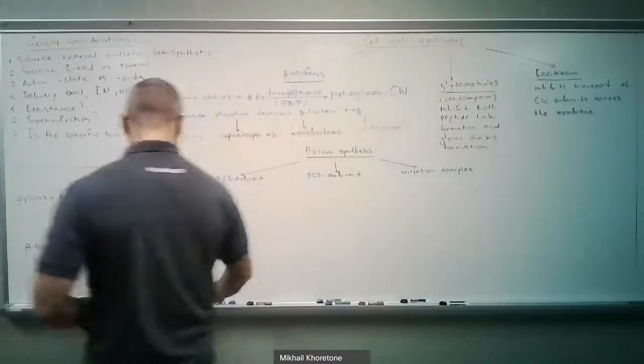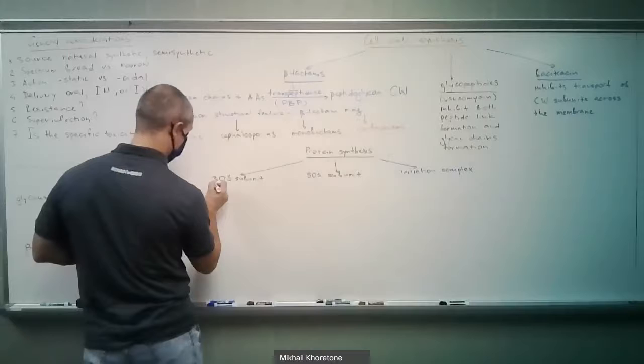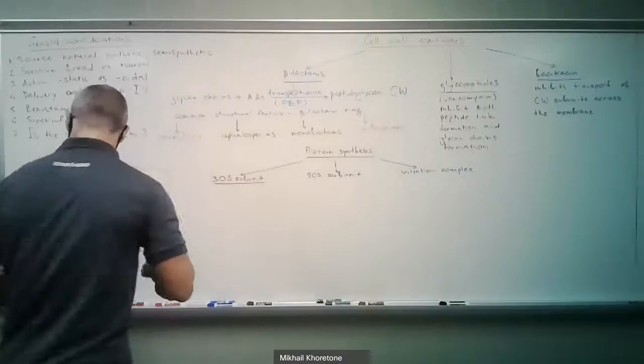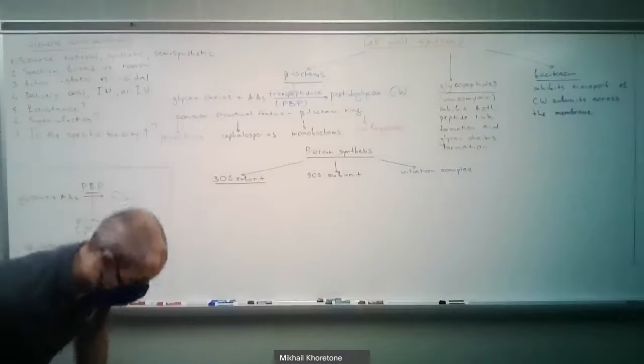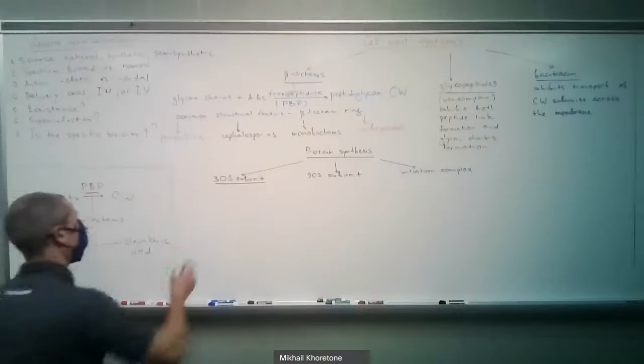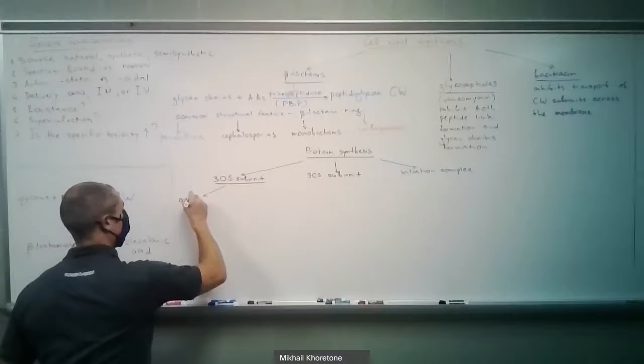So, what are the 30S subunit inhibitors? There are two groups of drugs in this category. One is aminoglycosides.